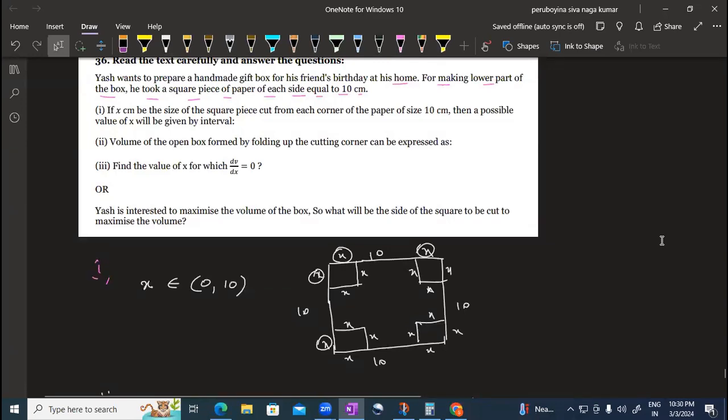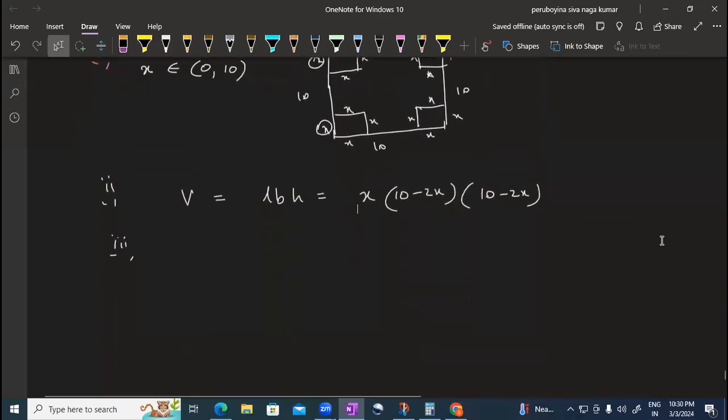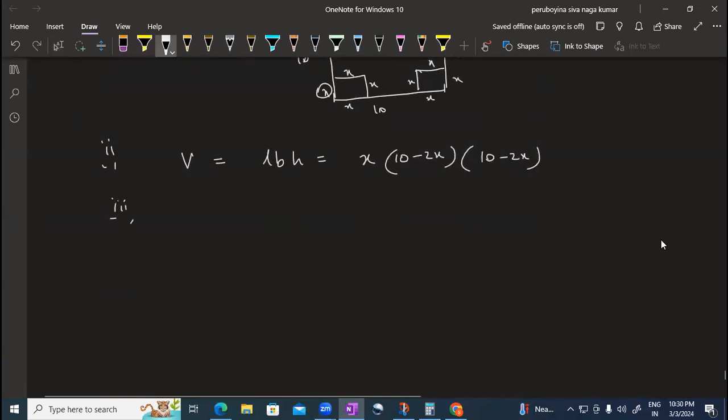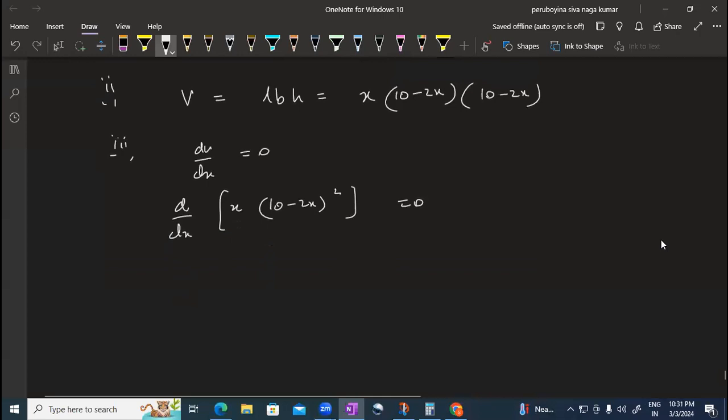Find the value of x for which dV/dx is equal to 0. So dV/dx is equal to 0, he said. That means d/dx of x(10 minus 2x)² is equal to 0. You can use the u into v formula here.